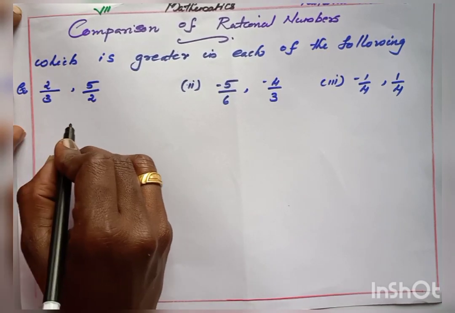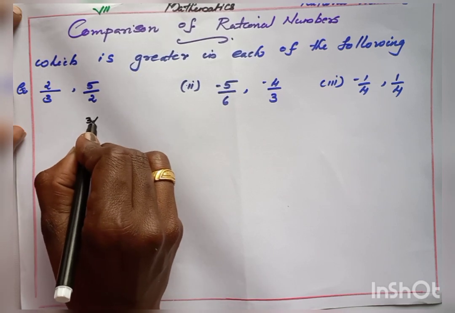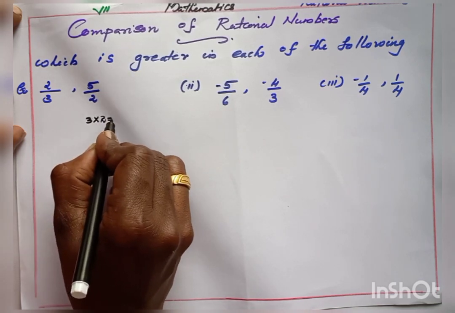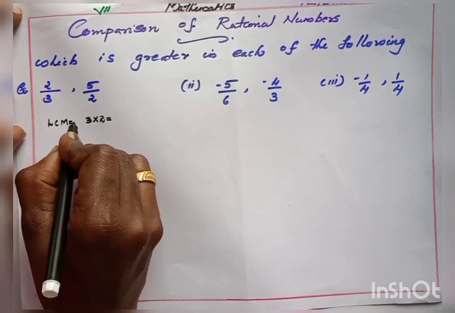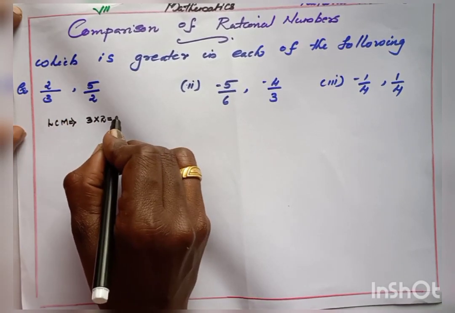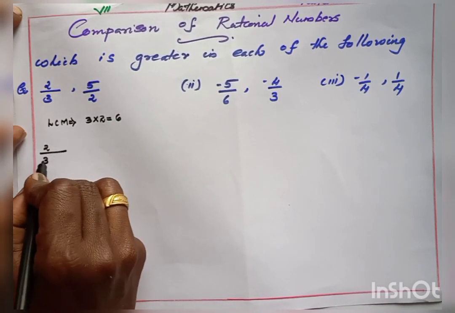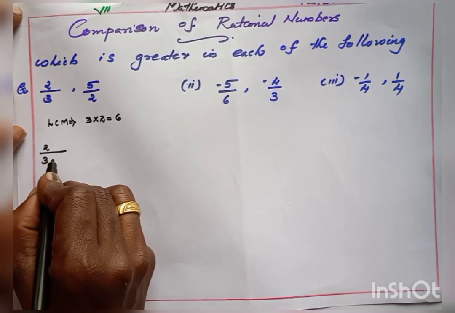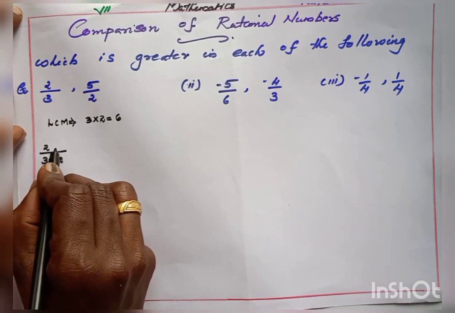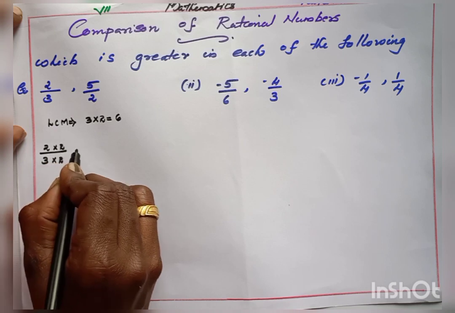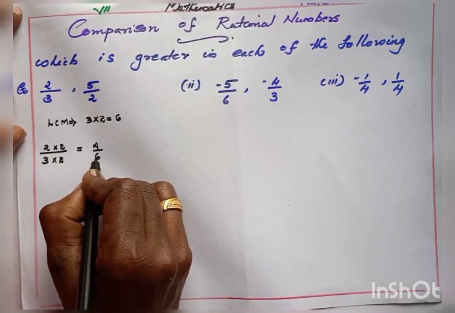The denominators are different, so take the LCM of the denominators. 3 and 2 have no common factor, so we multiply to get the LCM. The LCM of the denominators is 3 into 2, equal to 6. Then change into the denominator equal to the LCM: multiply by 2, and the same 2 is multiplied on the numerator. So we get 4 by 6.